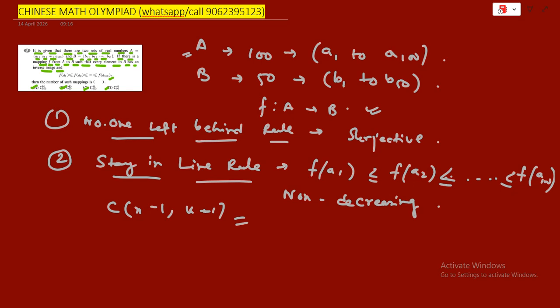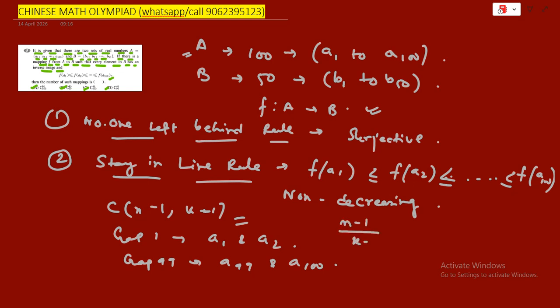Gap 1 is between a1 and a2, and gap 99 is between a99 and a100. Okay, now pick any 49 gaps, draw a divider there, and you have just created 50 non-empty sets in perfect order. And the math is simply n minus 1 choose k minus 1.